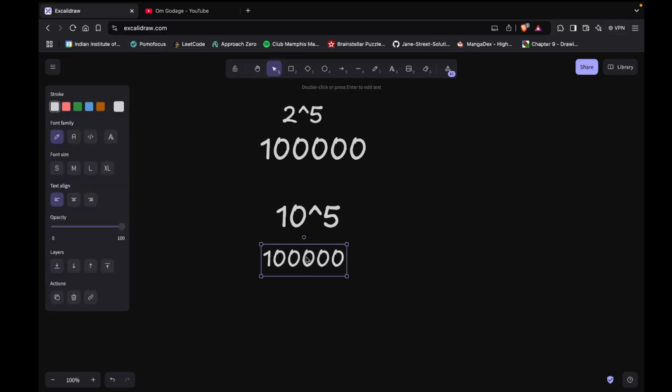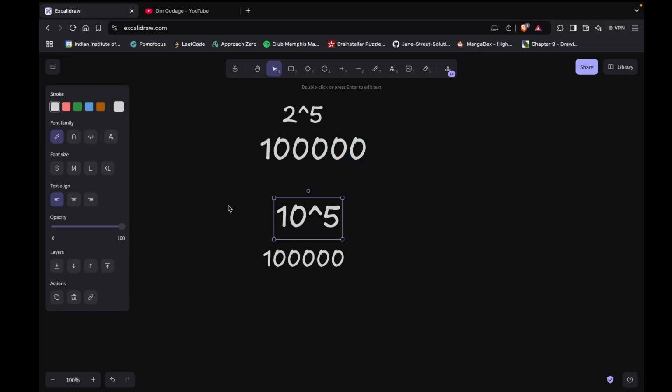This is because each digit can hold 10 values. That is why 10 raised to 5 is 1 with 5 zeros in decimal. Similarly, for binary numbers, since one digit can only hold 2 values, 2 raised to 5 is 1 with 5 zeros.